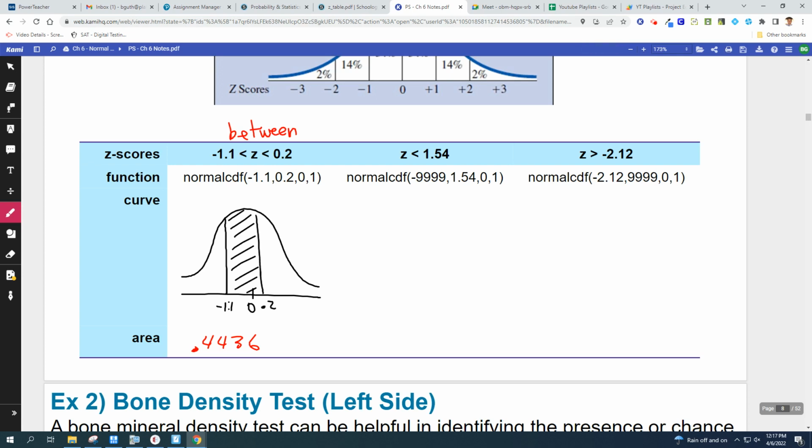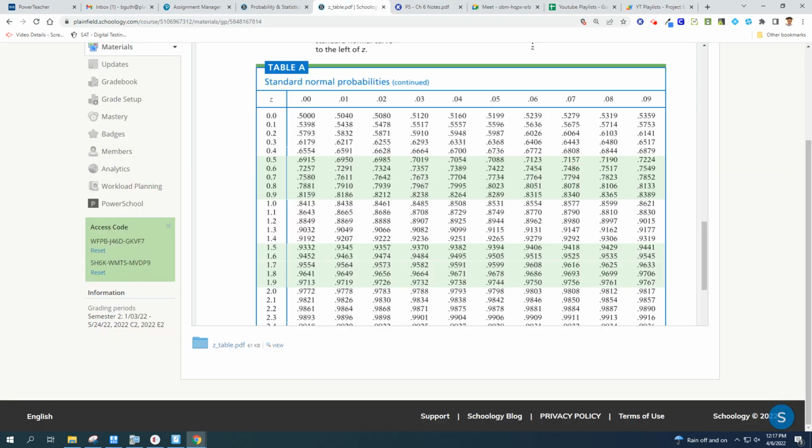All right, now, if we want z less than 1.54, this is exactly the same as how the table works. The table is aligned for this. So if I was using the table, I would find 1.54 in my table. Here I've got a different version, so let's look at this. 1.54.